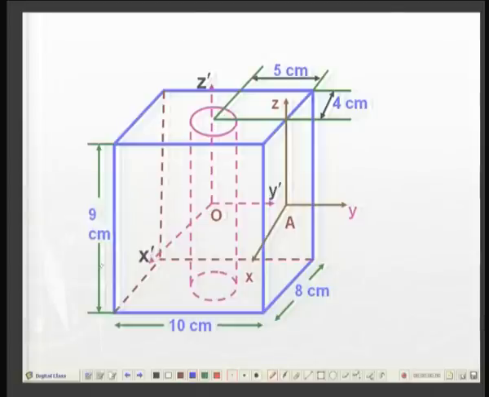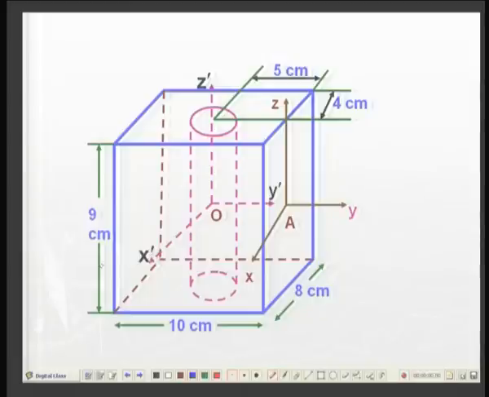So, the center of mass of the cylinder and the rectangular block are coinciding, and hence that of the net block, that is solid rectangular block minus the cavity, will also be at the same location.